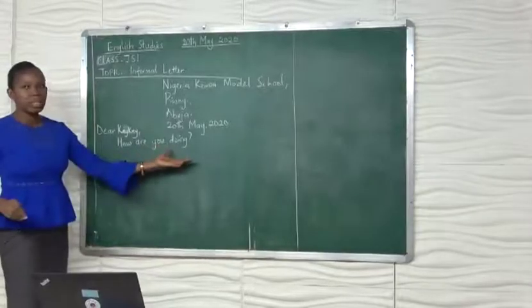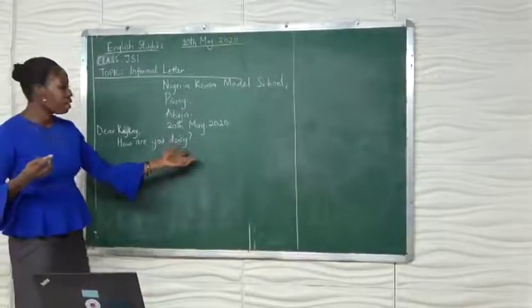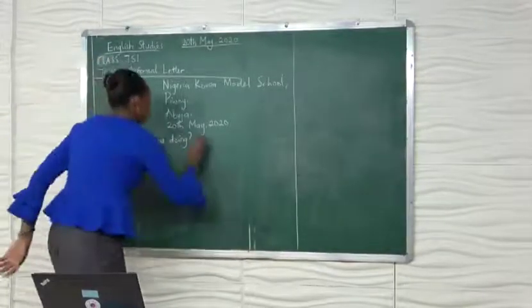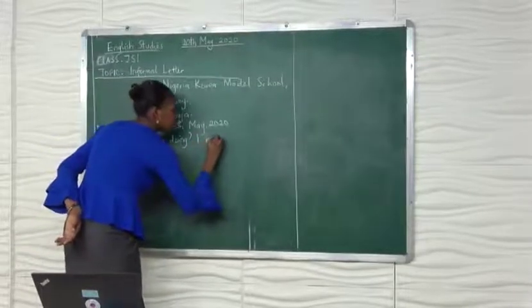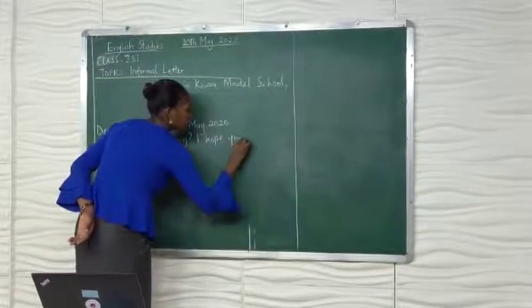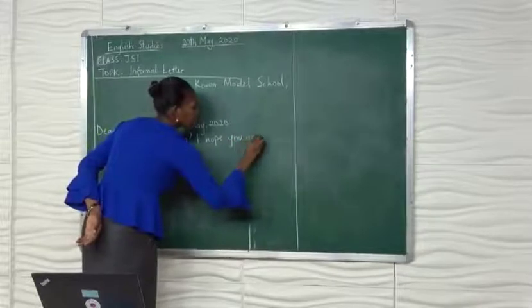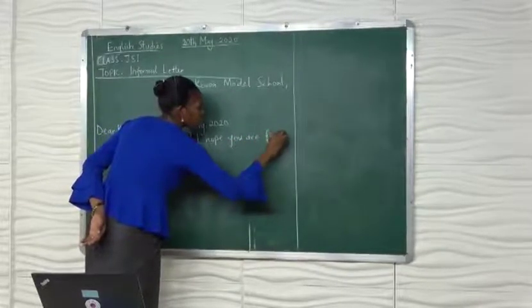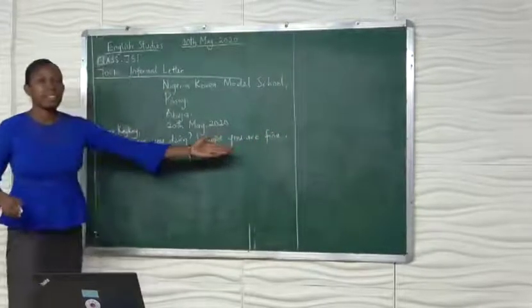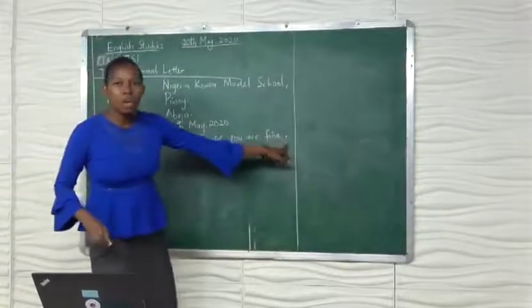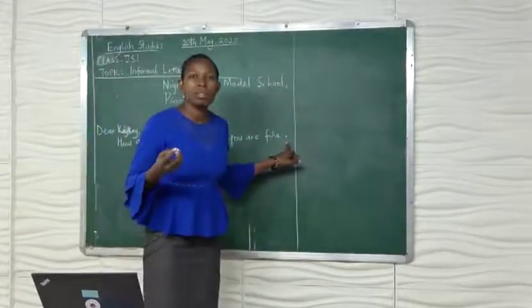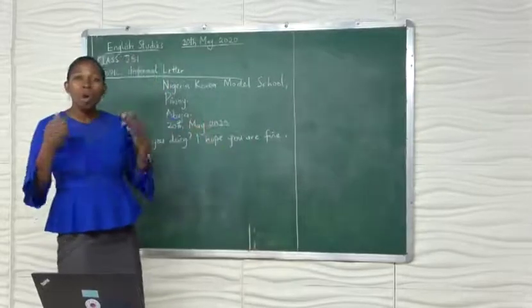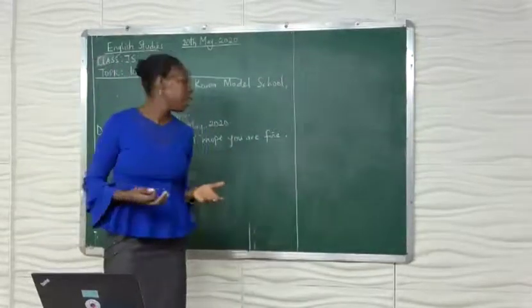How are you doing? It's a question, so you end it with a question mark. I hope you are fine. I ended it with a full stop because this is not a question. This is an assumption. You hope the person is doing fine. Full stop.